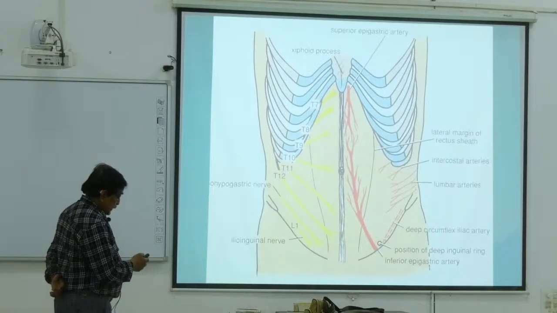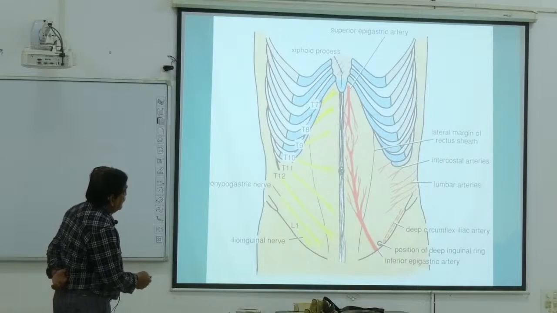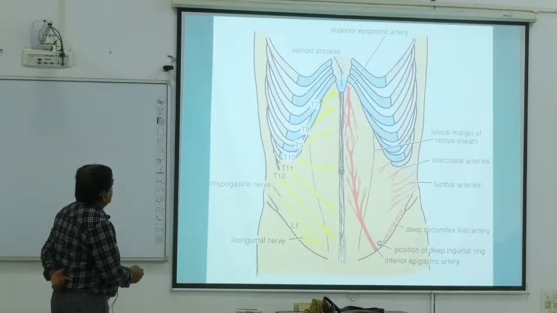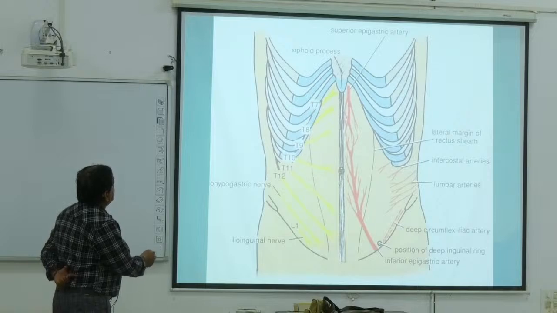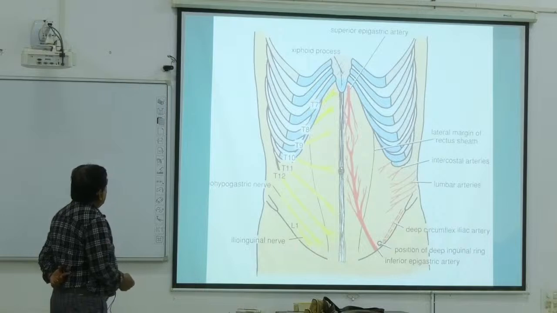Now you see the lateral margin of the rectus sheath, the intercostal arteries, the deep circumflex iliac artery, position of the deep ring, inferior epigastric artery going there, and superior epigastric artery, the contents of the rectus sheath. And see the nerves: T7, T8, T9, T10, T11, T12, and L1, the iliohypogastric nerve, ilioinguinal nerve.